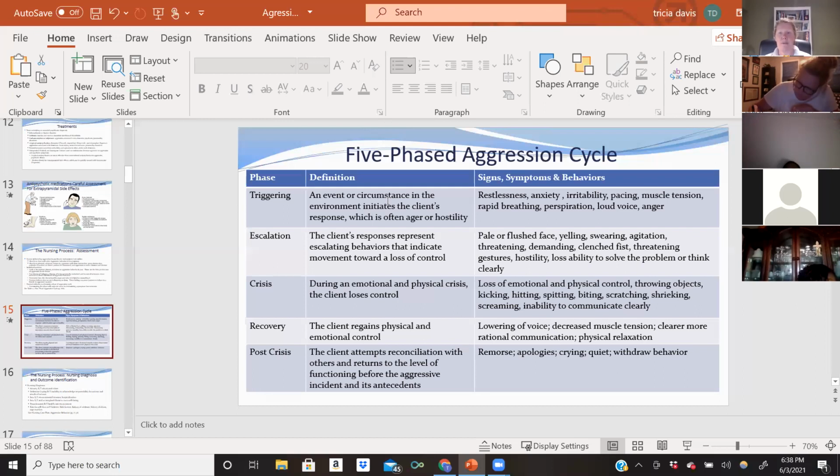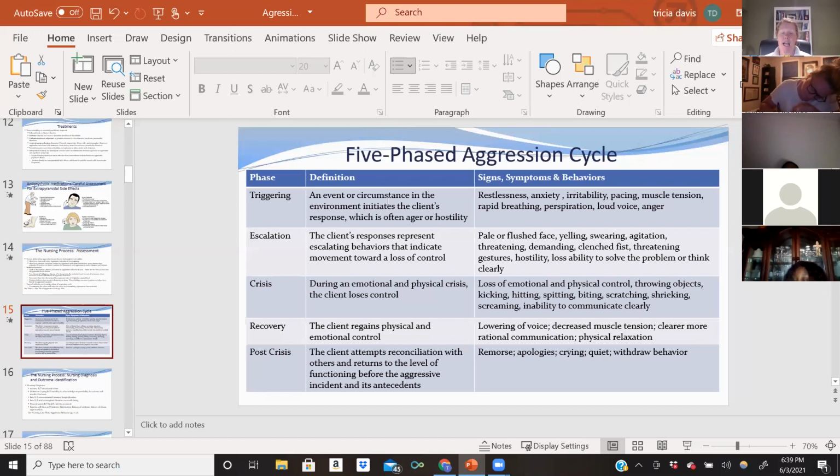The crisis phase is an emotional and physical crisis where the client loses control. They have a loss of emotional control and physical control. They could be throwing objects, kicking at staff members, hitting other people, spitting, biting, scratching, screaming, shrieking. And during this phase, they definitely will not be able to communicate clearly.